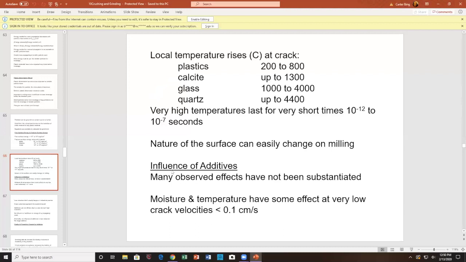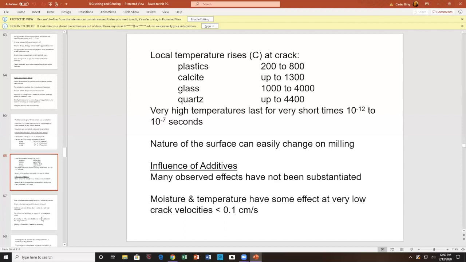Really would be fascinating. Influence of additives. Many observed effects have not been substantiated. There you go. Lots of observed effects have not been substantiated. Moisture and temperature have some effect at low crack velocity.